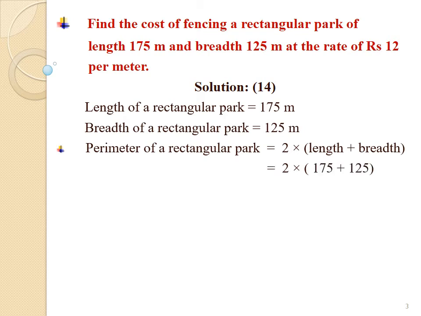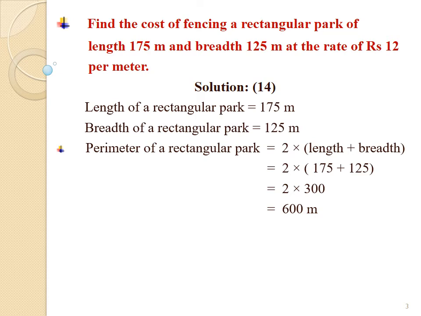Now, adding 175 and 125 and keeping 2 as it is, we get 2 multiplied by 300. Multiplying 300 by 2, we get 600 meters. Thus, the perimeter of the rectangular park is 600 meters.